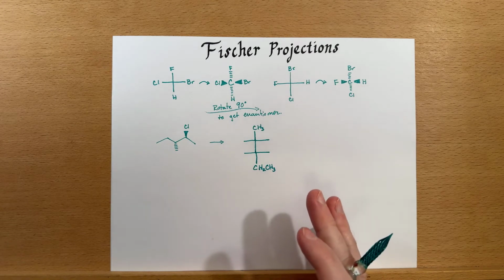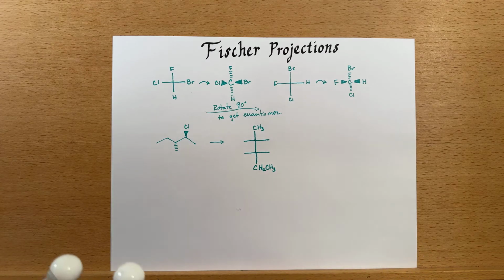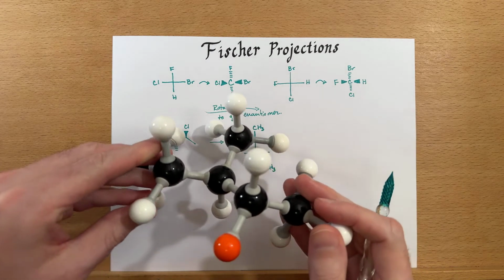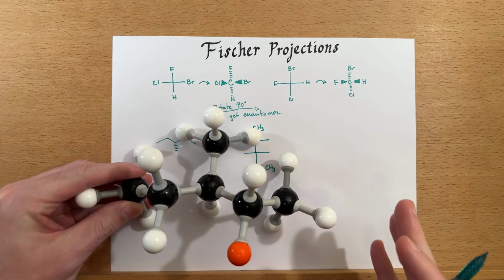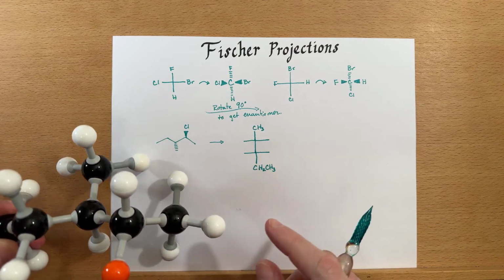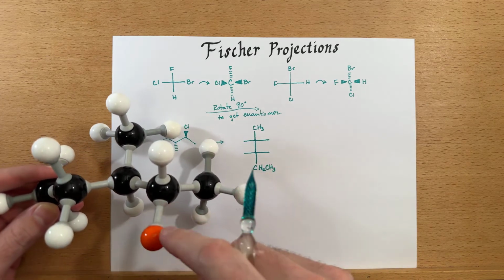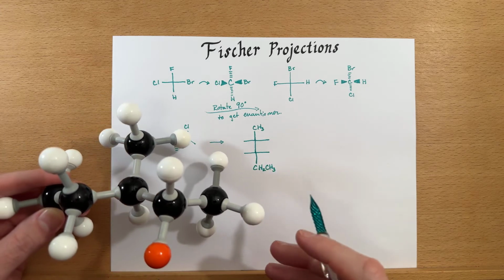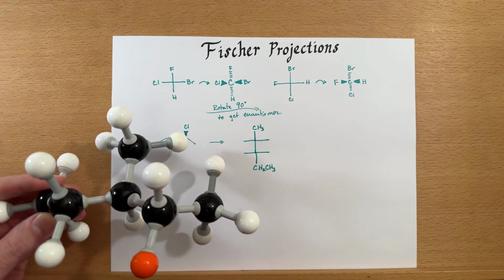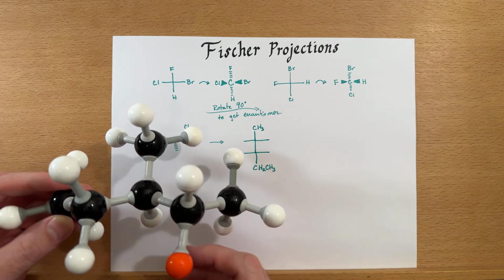Now, it's very helpful to have a model kit when we're looking at this, so I have one here. I built it so that we have a methyl group that's going away from us and a chlorine that's going towards us, just like in what I've drawn here. Now let's evaluate this from the Fischer projection.